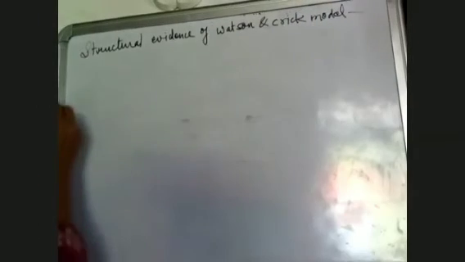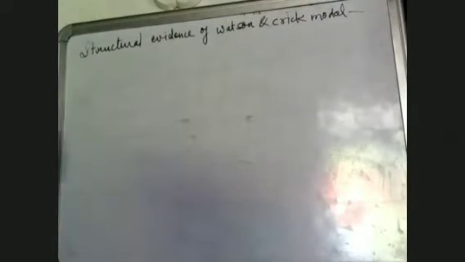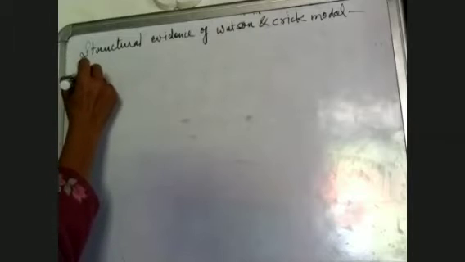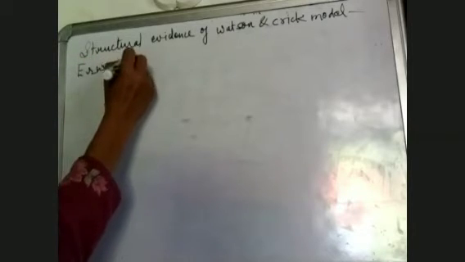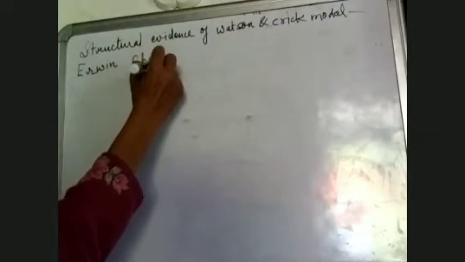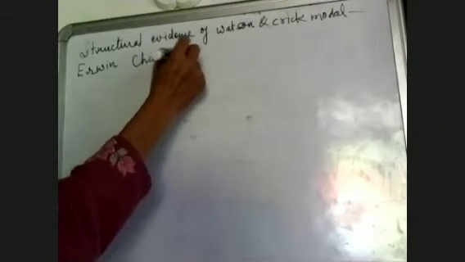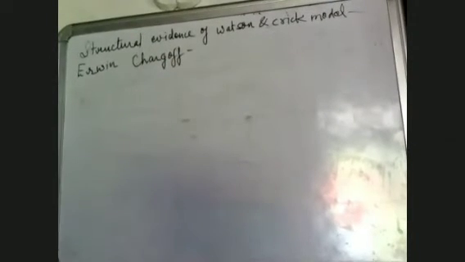Structural evidence of the Watson and Crick model was given by Erwin, E-R-W-I-N, Chargaff, C-H-A-R-G-A-F-F.